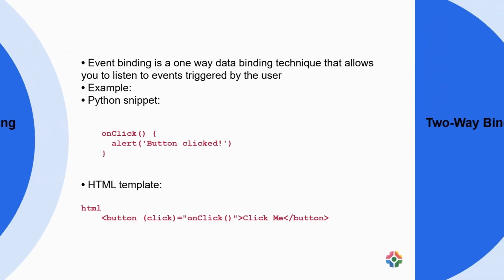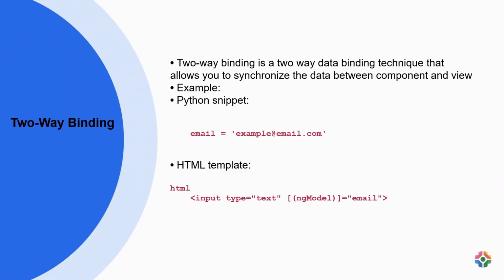Two-way binding facilitates the automatic synchronization of data between the component and the view in an application. This bidirectional data flow enables changes made in the view to reflect in the component, and vice versa, without the need for manual intervention.